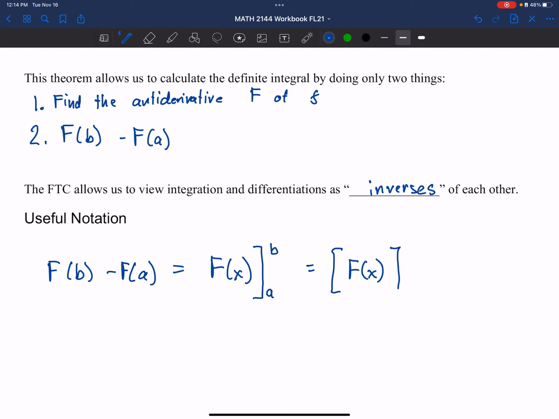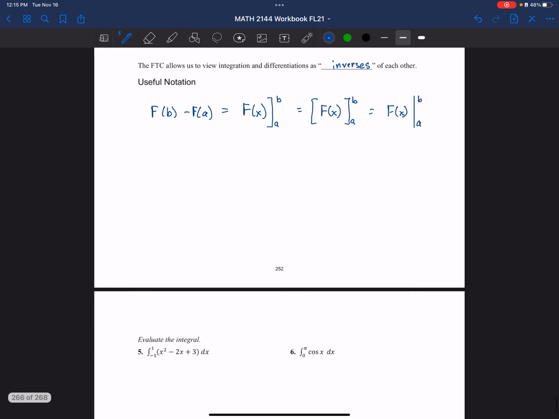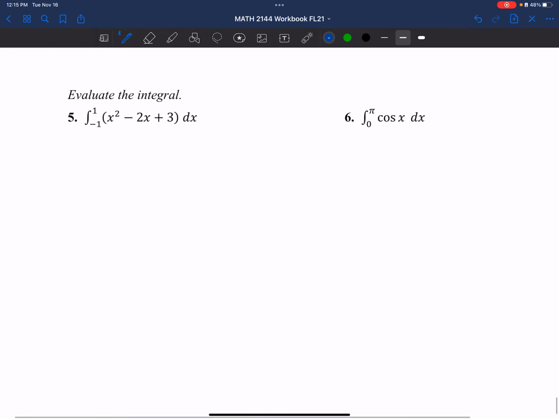This is useful when you have an order of operations, things you want to make sure you're keeping an eye on. Or if you're just feeling lazy, sometimes they'll even just put a vertical bar and not even hook it. So if you see a large vertical bar, that just means the same thing, you're going to plug in the top, the higher b, and then you'll subtract F of a. So that's just a notational thing. Okay. There's the setup. Let's actually do some computation now. So next page, evaluate the integral.